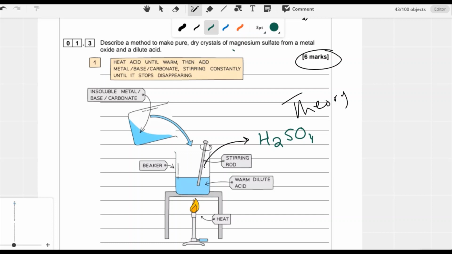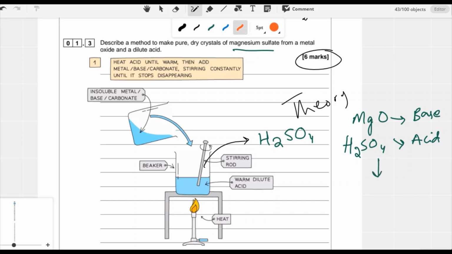So we need the base, that is magnesium oxide, and the acid, that is sulfuric acid, because the end product is magnesium sulfate. So first of all we need to take an insoluble metal, base or carbonate.